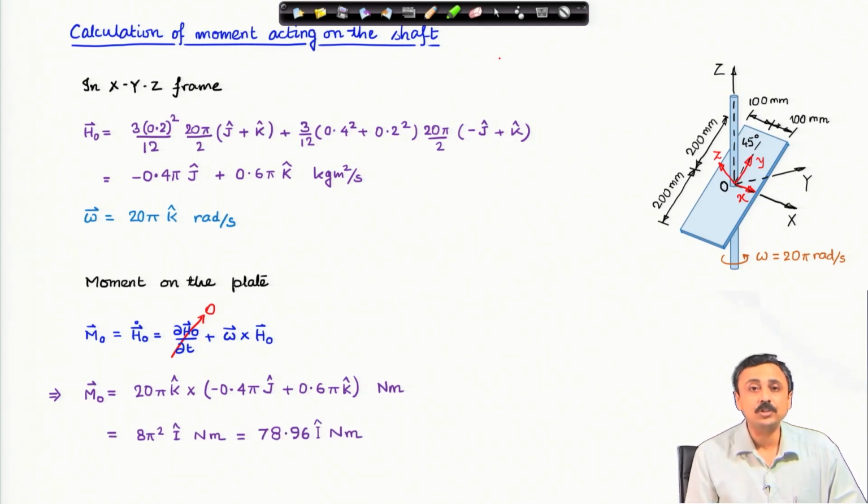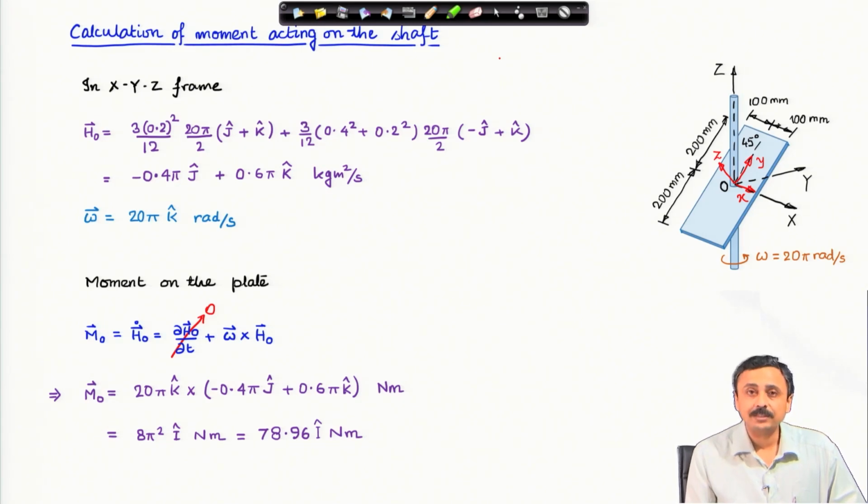This much moment acts on the plate to maintain its configuration. As it rotates, to maintain this bent or 45-degree angled shape, it requires a moment of 78.96 I cap, which is a moment about the x axis.